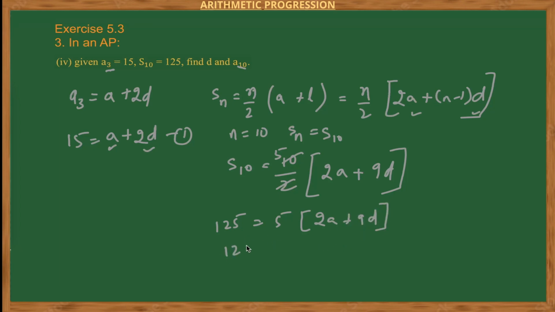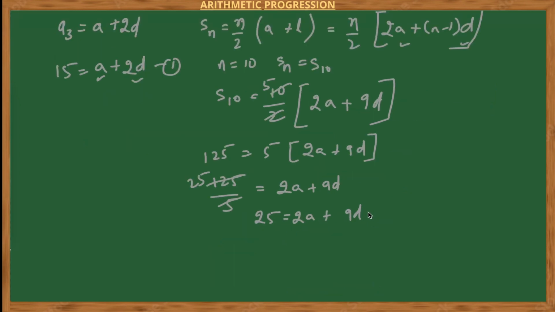So 125 divided by 5 is equal to 2a plus 9d. 5 goes 25 times. So this becomes 25 is equal to 2a plus 9d. So now we have the two equations.